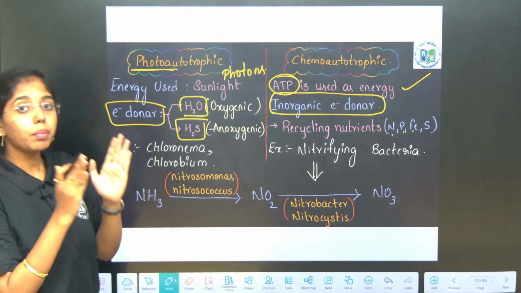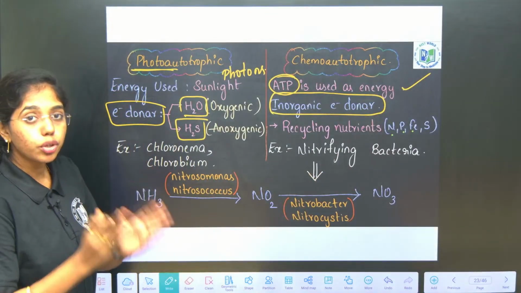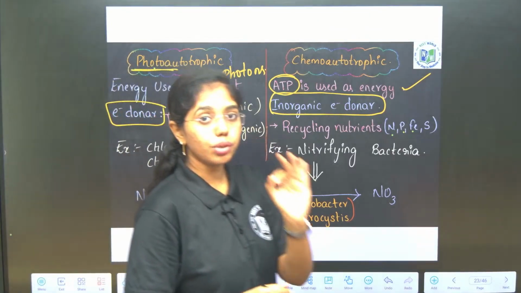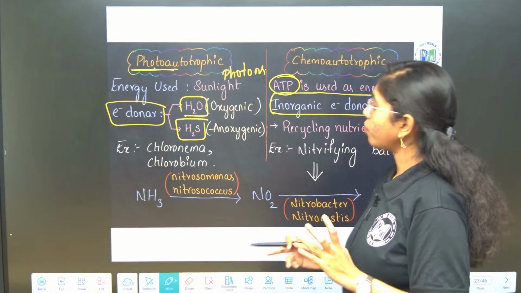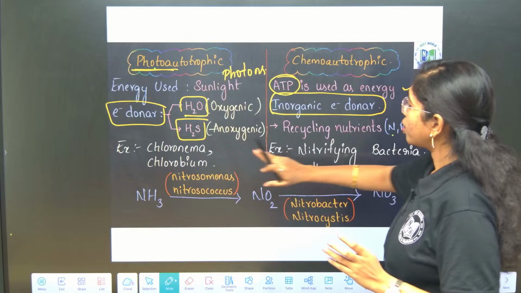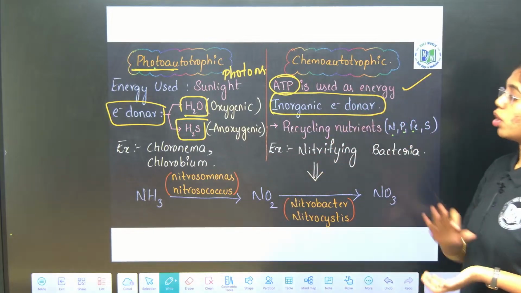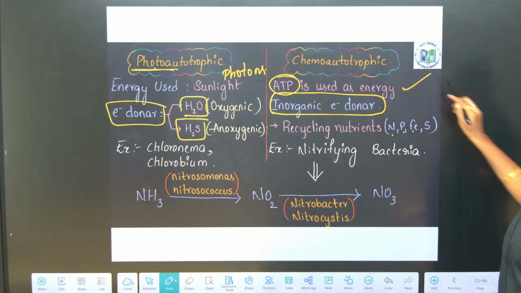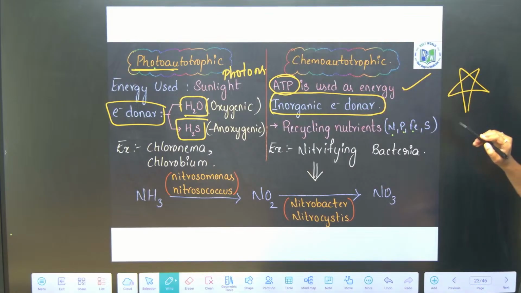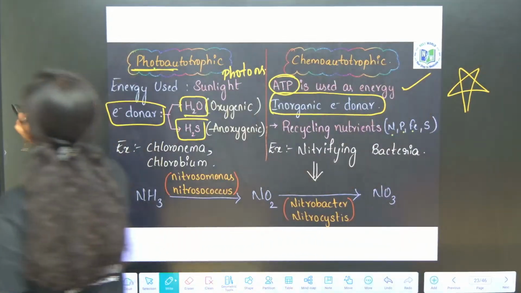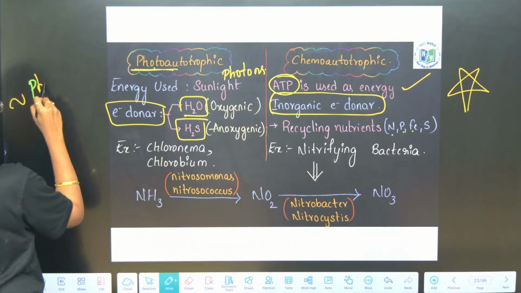You have to remember for sure what energy is utilized for the photoautotrophic mode of nutrition, what energy is utilized for the chemoautotrophic mode, and what the electron donors are for both. Energy used and electron donors are very important, beta. Connected questions will be asked in connection with photosynthesis in higher plants.